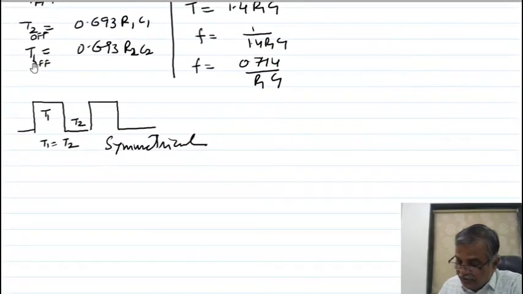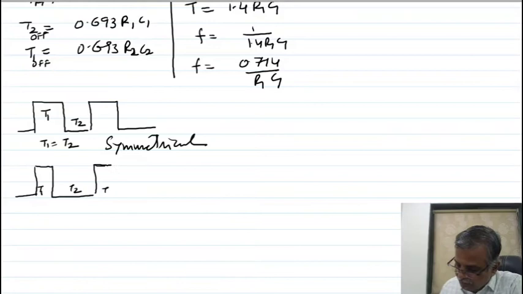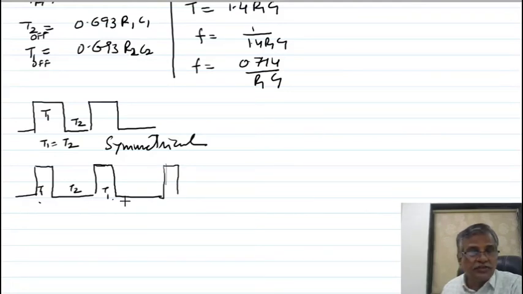If T1 and T2 are not equal, this is your T1, this is T2 and T, then such an output is called non-symmetrical, asymmetrical.